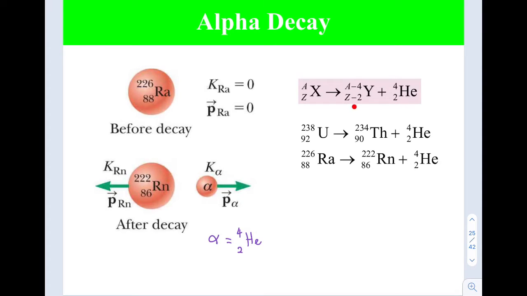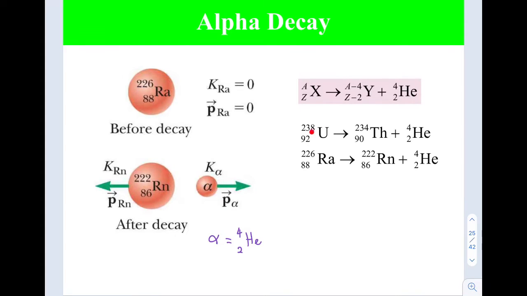In terms of A and Z, they must be conserved, remember. So the daughter nucleus has 4 less in terms of A compared to the parent, and 2 less of Z compared to the parent nucleus.